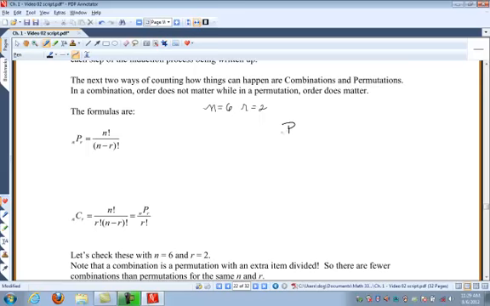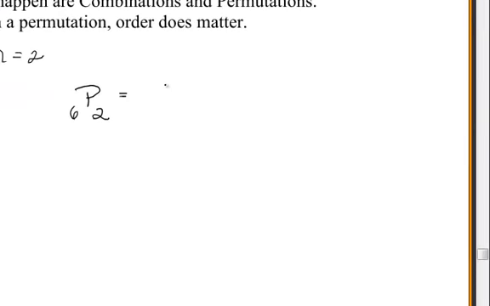Then the permutation of 6 things taken 2 at a time is 6 factorial divided by 4 factorial. So that would be 6 times 5 times 4 factorial divided by 4 factorial. These cancel and you get 30.